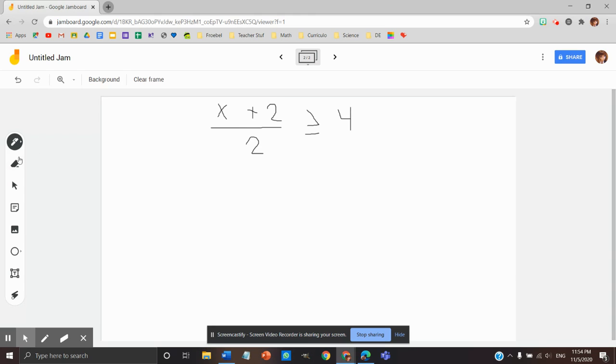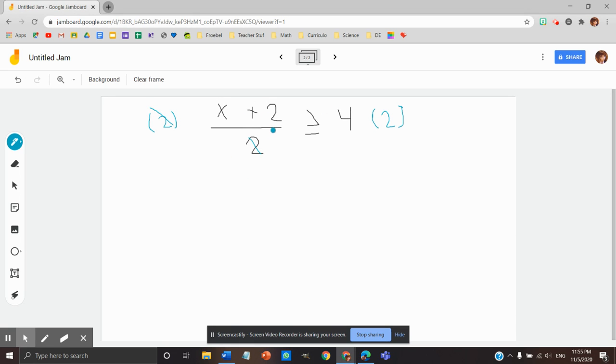So again, all I have to do is try to leave that x all by itself. And one way that I can do that is taking that 2 away. So if it's being divided, I have to multiply by 2. And what I do on one side, I have to do on the other one. And that 2 is going to cancel.